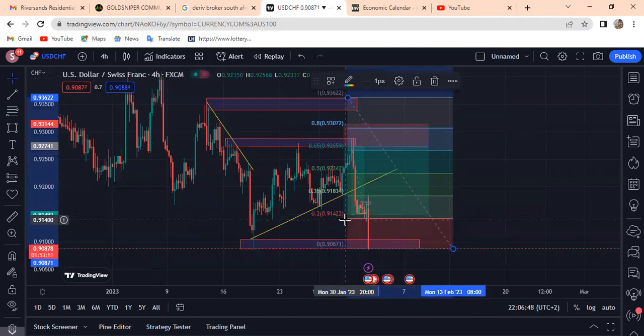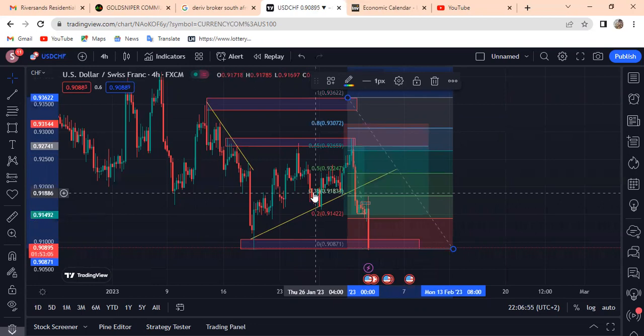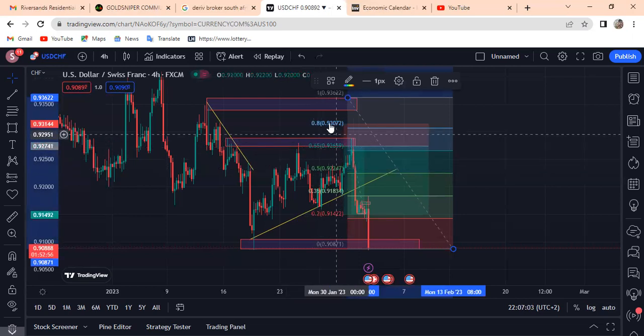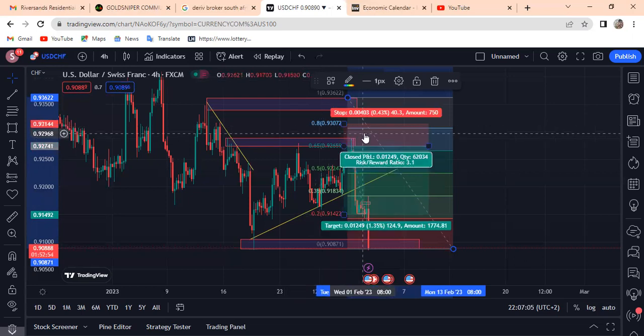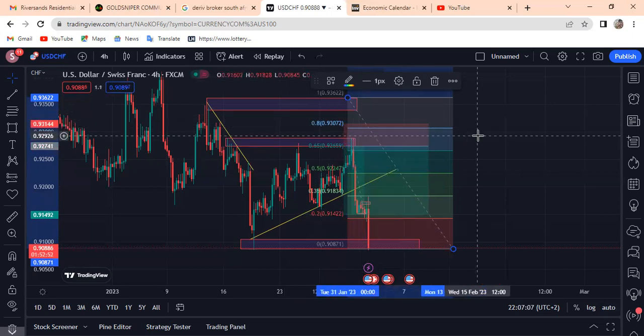okay, so you see here we have the 0.2, which is 20%. And then we have the 0.35, 35%, and then the 0.5, which is the 50%, and then the 0.65, and then the 0.8, which is 80%. You see that?